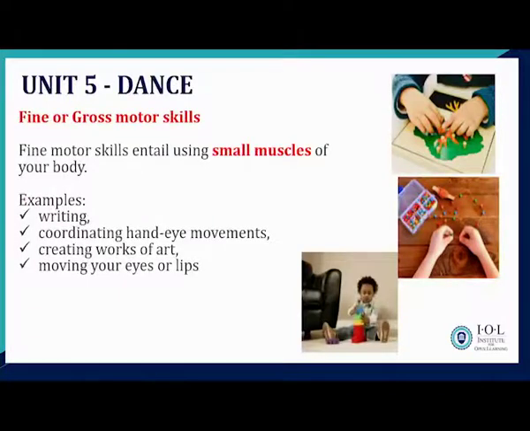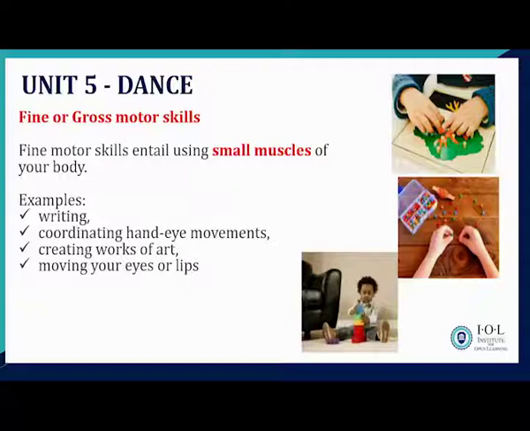Dance. When we dance, we involve some motor skills. Fine or gross motor skills, you should be able to describe them. Fine motor skills entail using small muscles of the body.